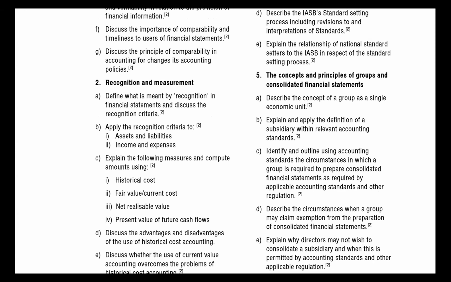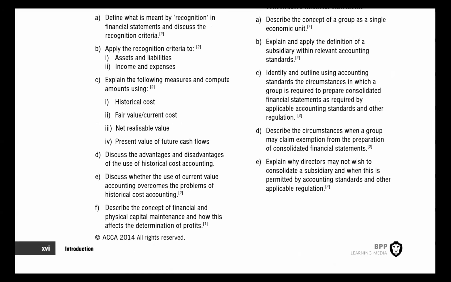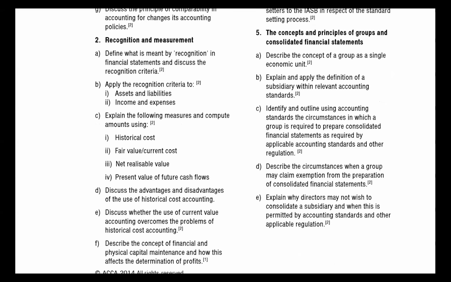We will fully explain the following measures and compute the amounts using, number one, the historical cost, the fair value, the net realizable value, and the net present value of the future cash flows. We'll have time to discuss the advantages and disadvantages of the use of historical cost accounting.